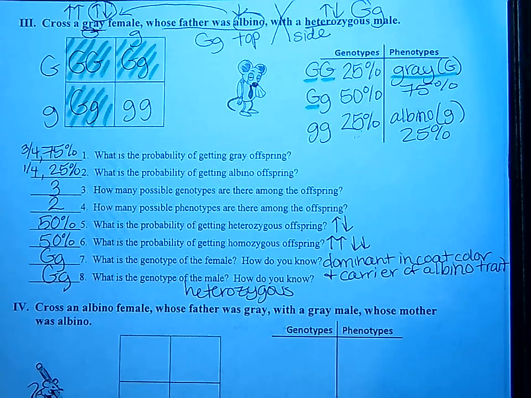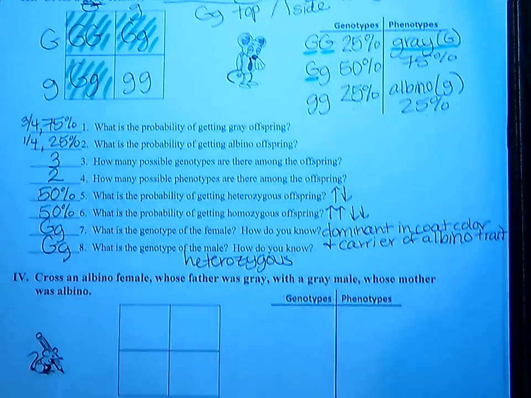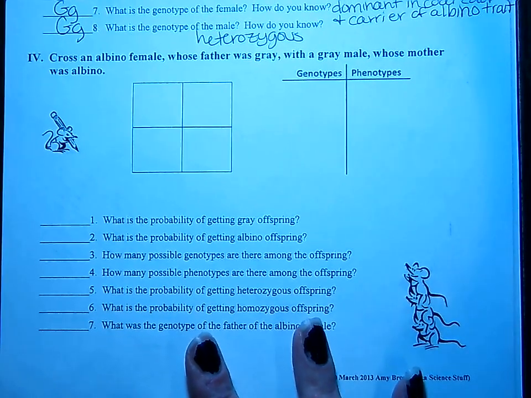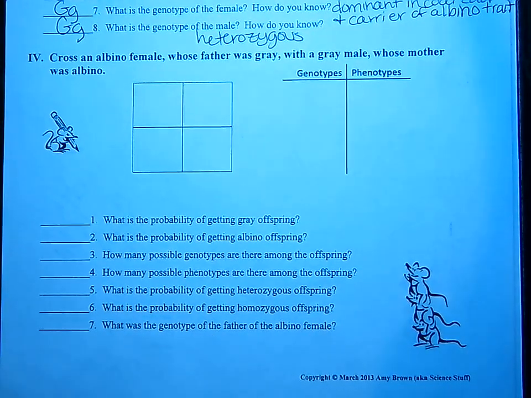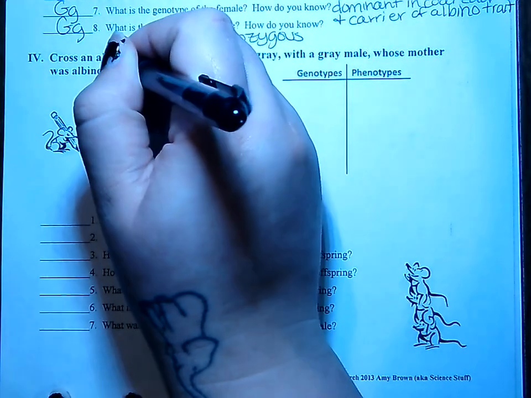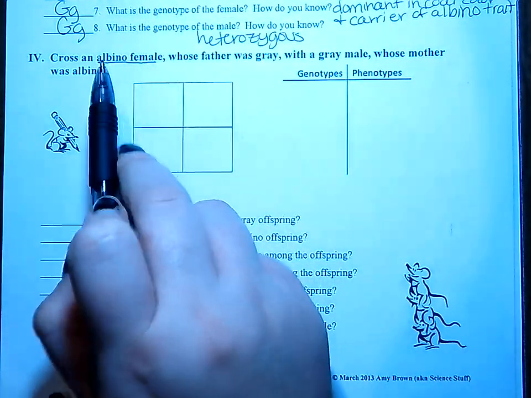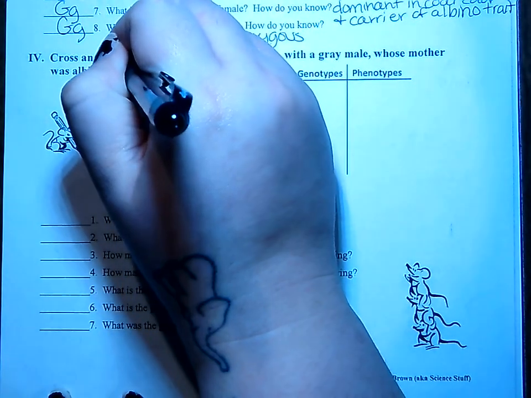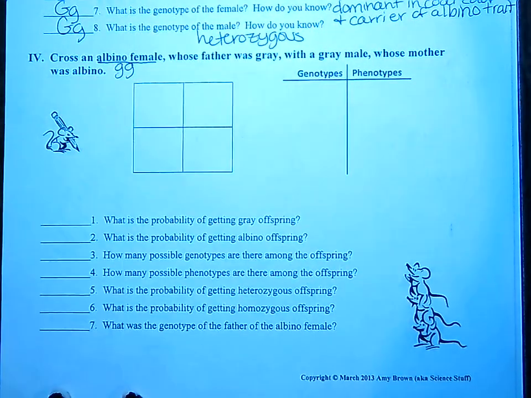All right, last problem, y'all. We're now going to do a cross between an albino female whose father was gray. Now, key thing here, since the female has to be albino, it has to have homozygous recessive.